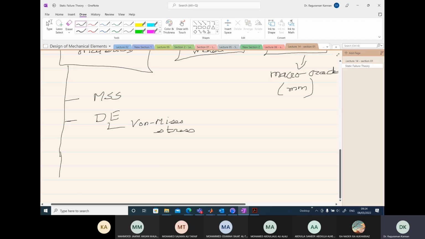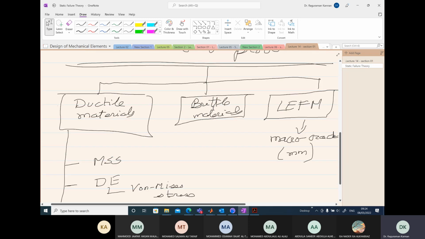Now, some of the ductile materials are nearly brittle. So how do we differentiate between a ductile and a brittle material? Based upon the strain at fracture. There is a cutoff value, if I remember, 0.05 or some other value.